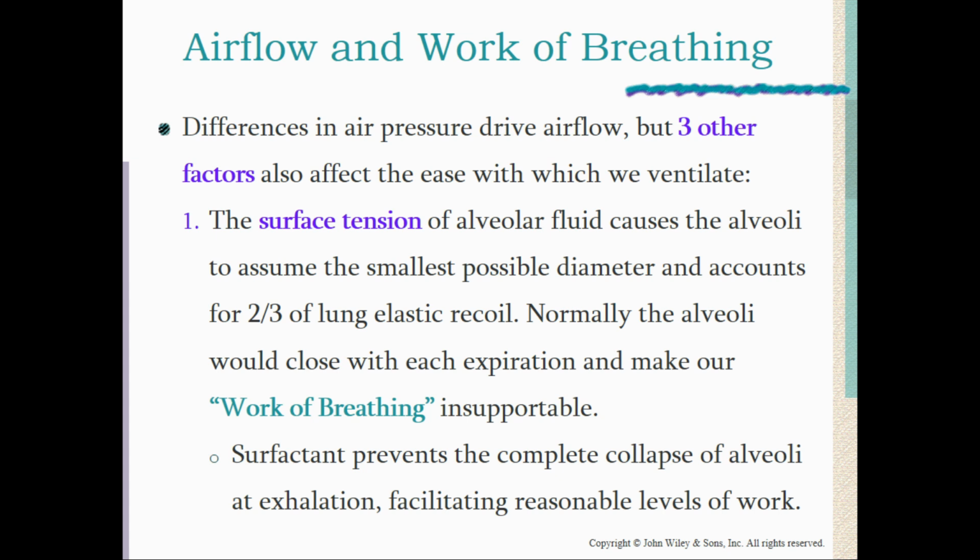By decreasing the volume of the thoracic cavity, the pressure goes up. The air will then leave your lungs and the lungs will recoil, which means they go back to their resting size. And that causes the alveoli to reduce in size.